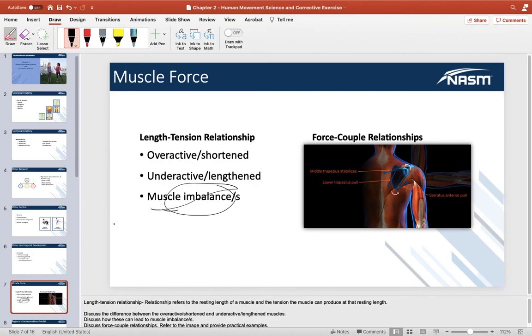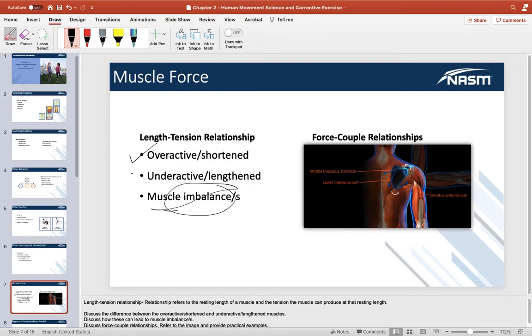If something is overactive and shortened, that means those muscles are tight. So with an overactive muscle, if it's tight, we have to stretch it out. If it's shortened constantly, it's overactive, meaning it's being contracted when it's not supposed to.